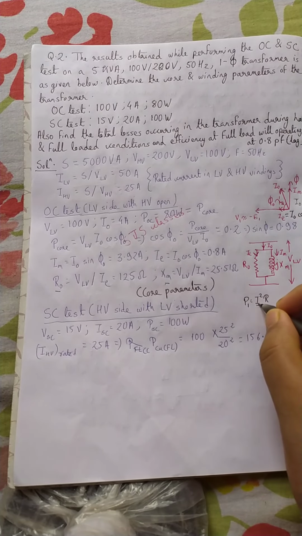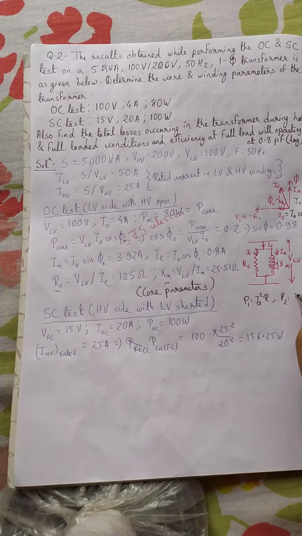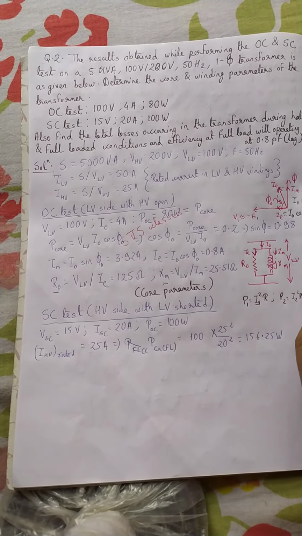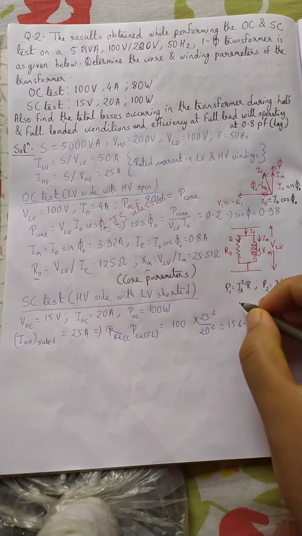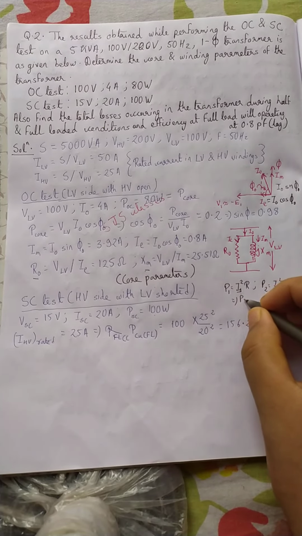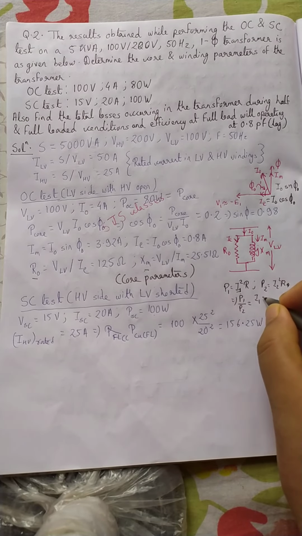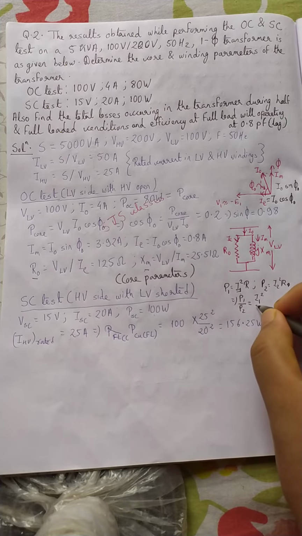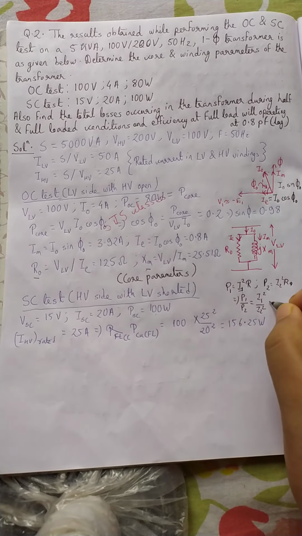So let us suppose P1 becomes I1 squared into R and P2 becomes I2 squared into R, because R remains constant. So we can write P1 by P2 equals I1 square by I2 square, simply because R will get cancelled out.